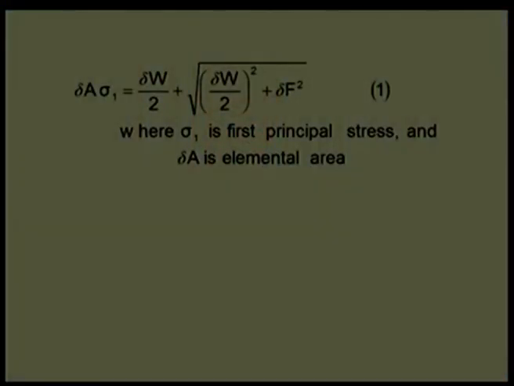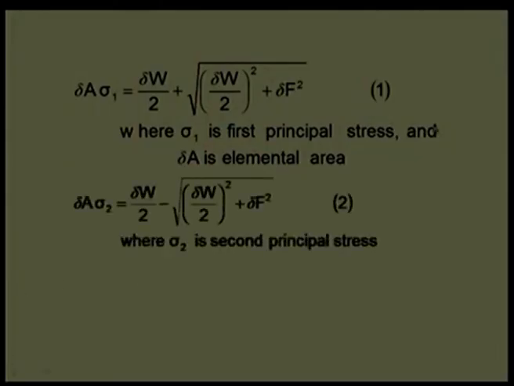Now, if I use the expression sigma 1 with a plus sign and sigma 2 with a minus sign, I will get a relation something like this. And we know very well that if we subtract expression 2 from expression 1, I will get the difference in principal stress, and that should be the minimum yield strength of the material which is supporting that kind of load, or supporting the W load.